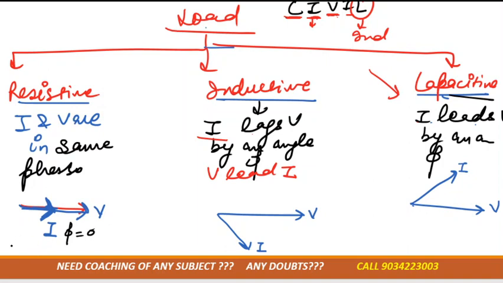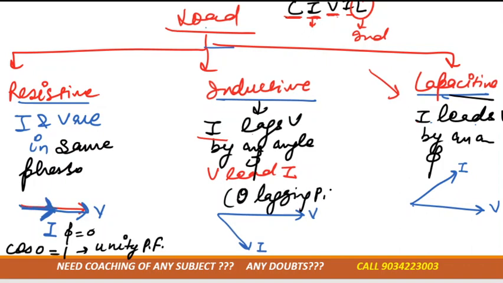So in the case of resistive load, cos phi is cos 0, which is 1, and it means there is a unity power factor. In the inductive case, there is a lagging power factor, and here it is a leading power factor. So whenever they ask you for the power factor, you have to mention in brackets whether it is leading, lagging, or unity. Clear?